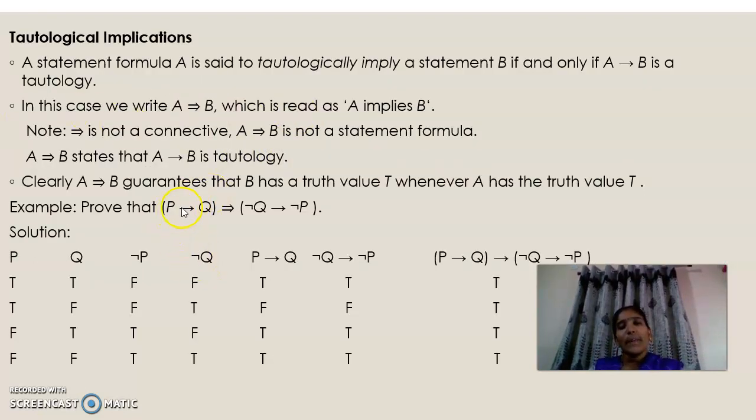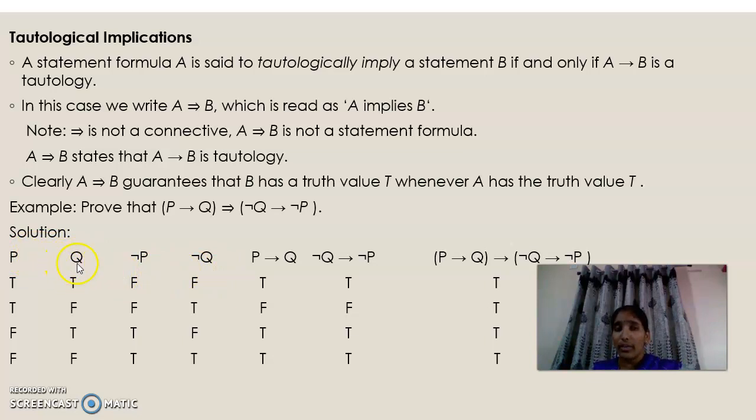Now see here, prove that P conditional Q tautologically implies negation Q conditional negation P. Here P conditional Q can be treated as capital A, and negation Q conditional negation P as capital B. Whenever capital A conditional capital B is a tautology, then we can say that A tautologically implies B, or B is tautologically implied by A. Here we have two variables, P and Q, so we get four possibilities.